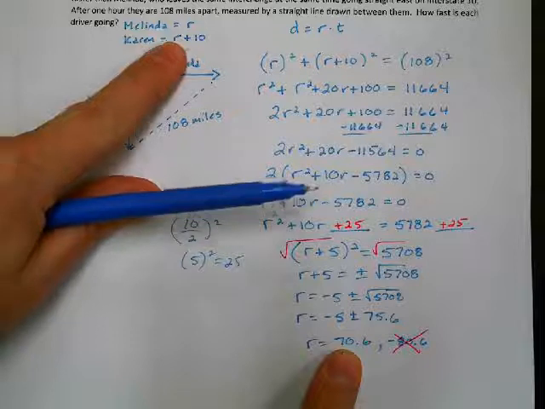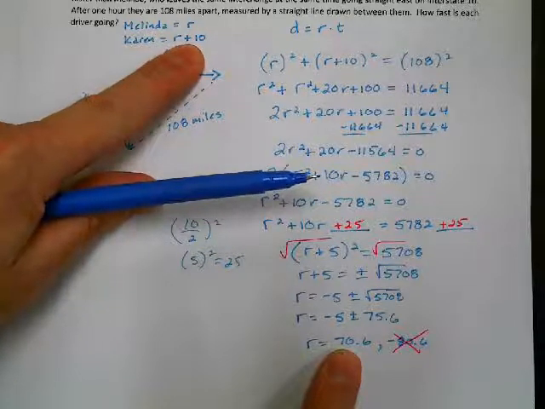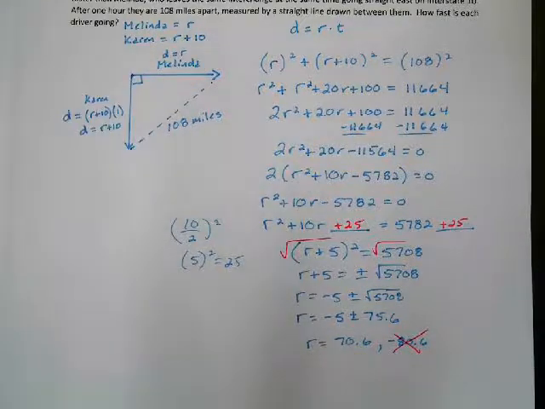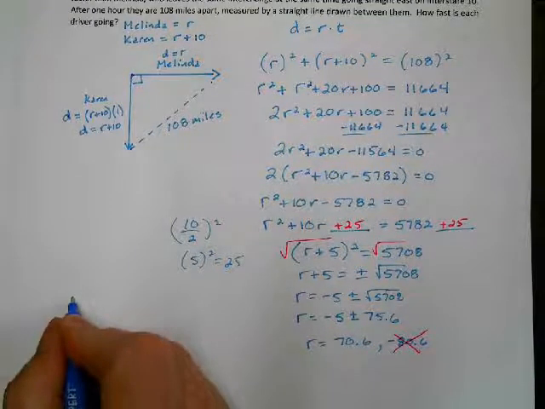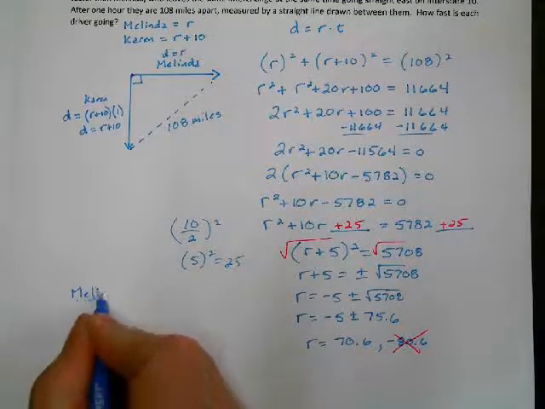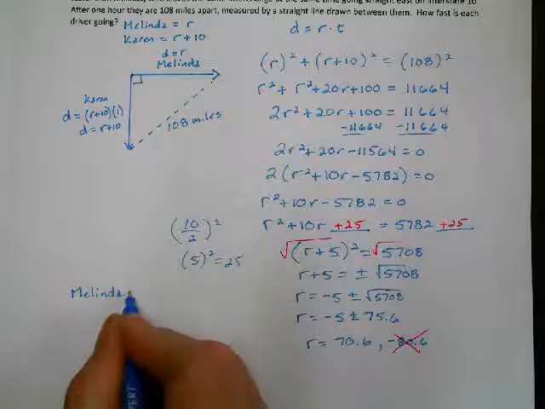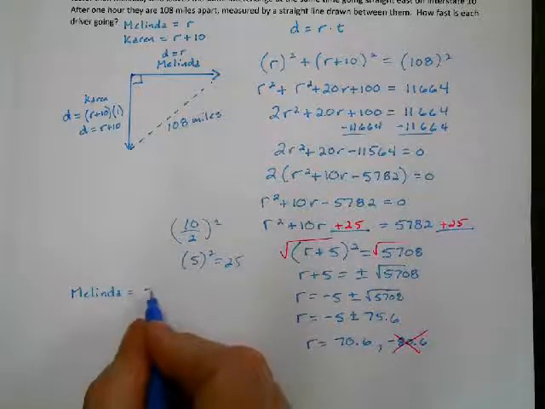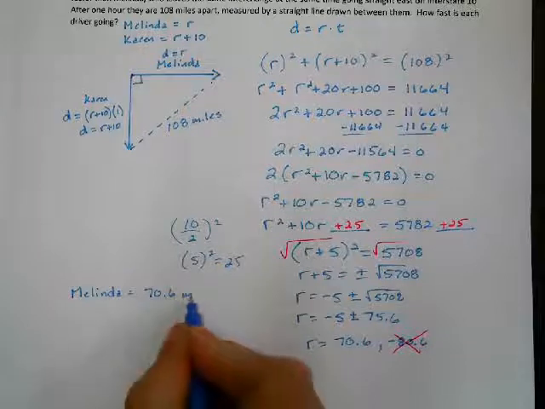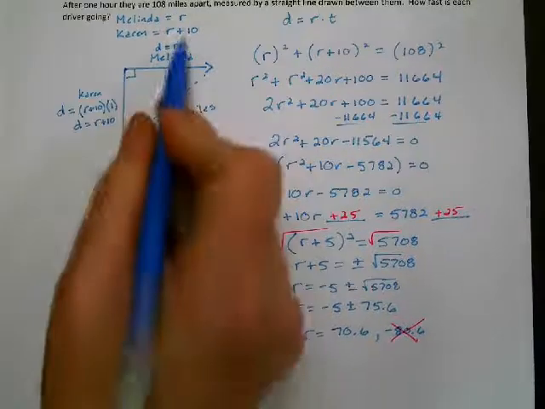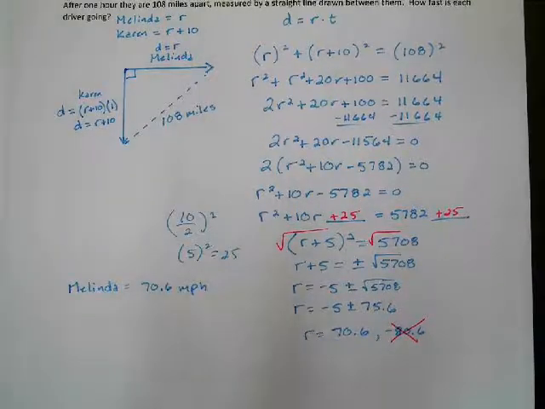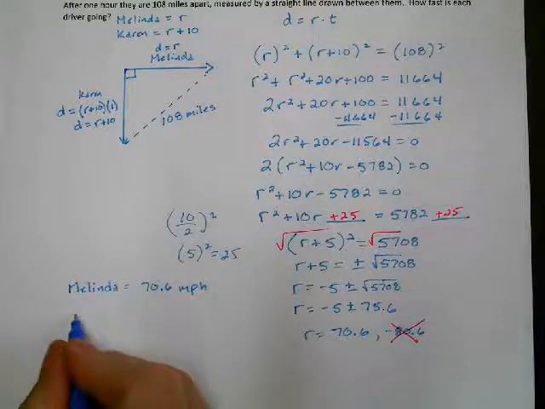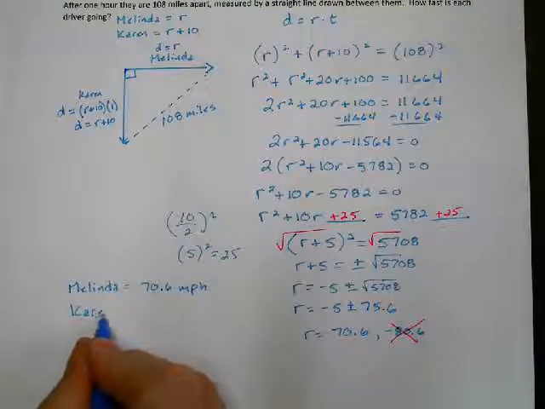So Melinda, she's going 70.6 miles per hour because she's R and R is 70.6. And then we've got Karen. She's 70.6 plus 10, so she's going 80.6 miles per hour.